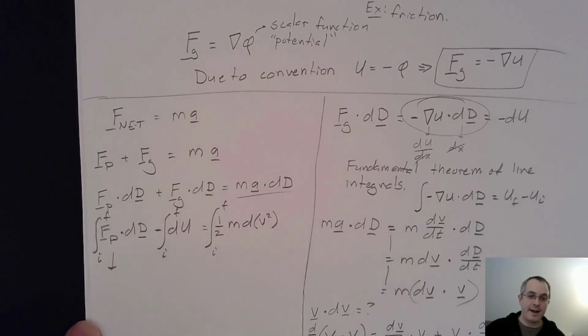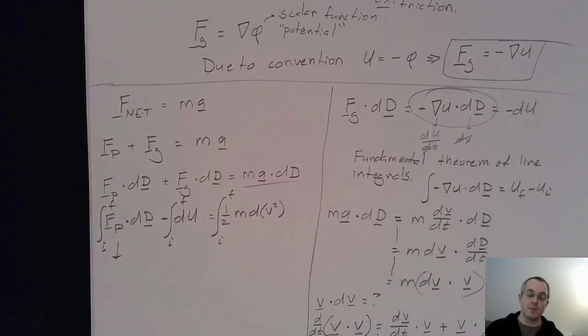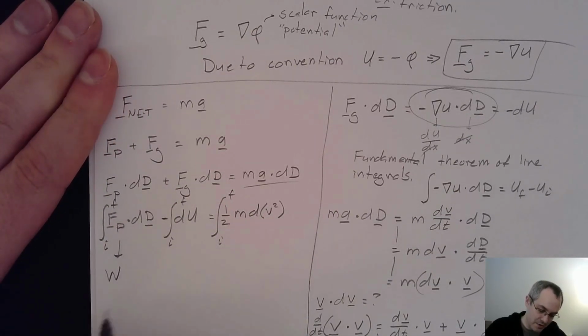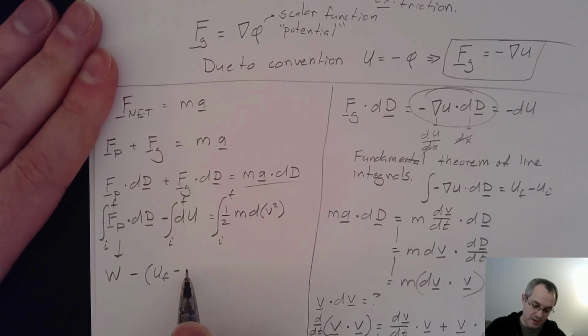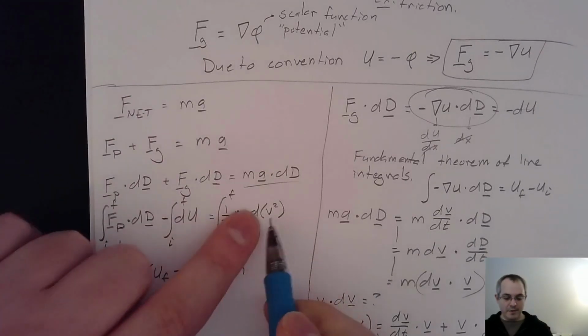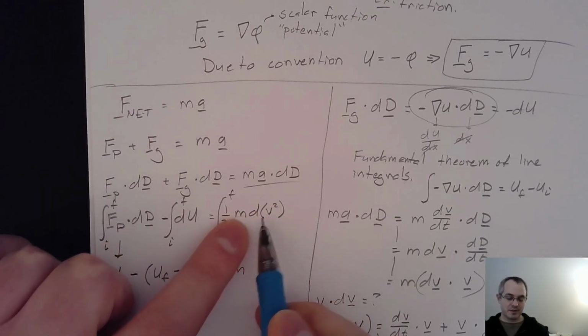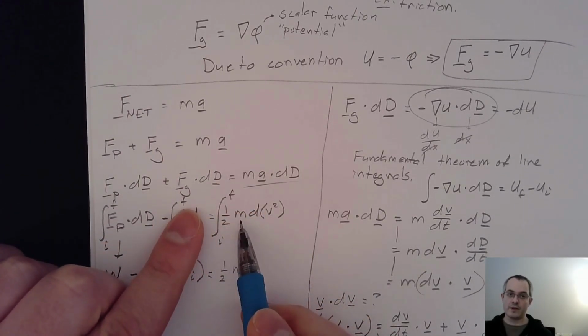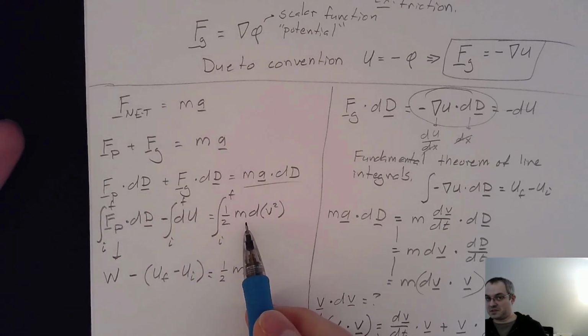This one is just the definition of work. So this is just going to be W. Then we're going to get minus the final potential energy minus the initial potential energy. And then this one's going to be 1/2 m. Now, although it's a v squared, remember that there's no other v over here, and there's certainly no v squareds.